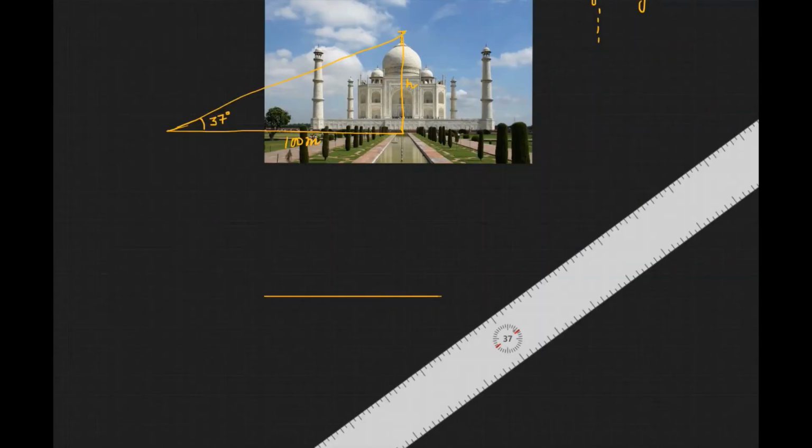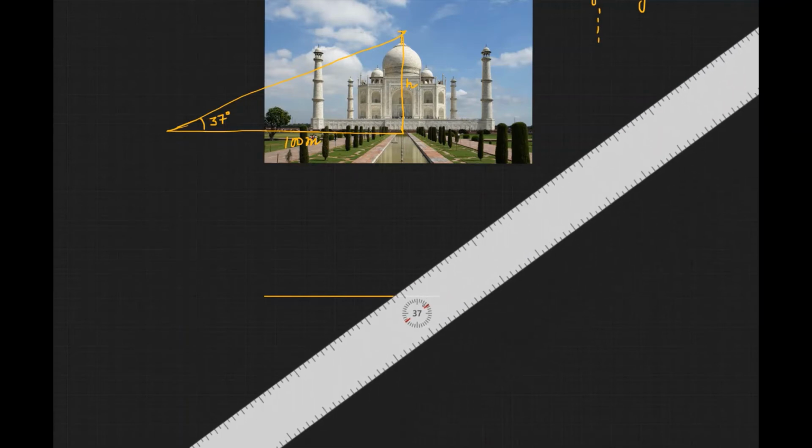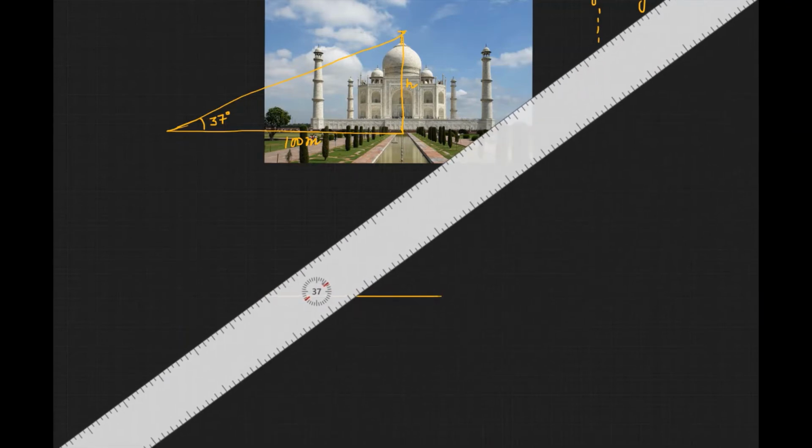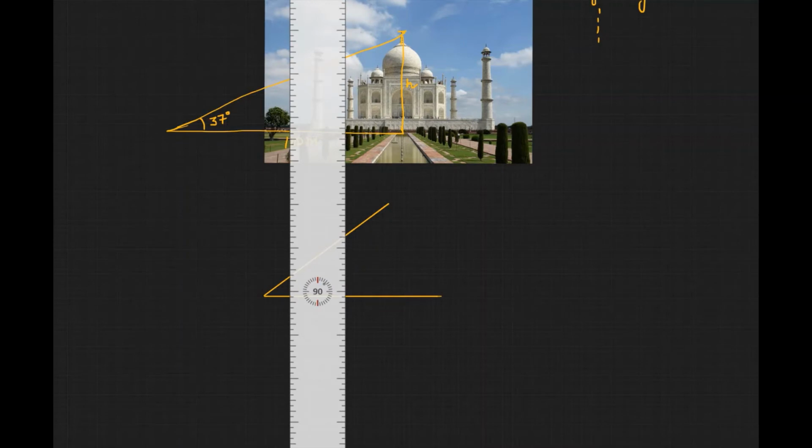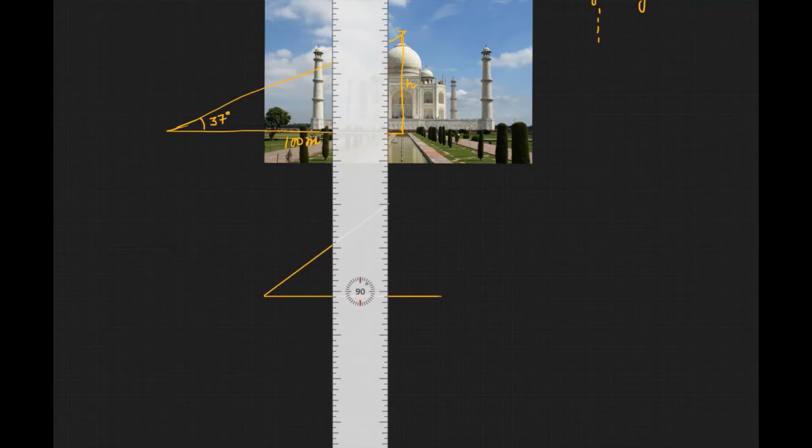Now to find the height of the Taj Mahal, we draw a triangle which is exactly the same as the above triangle, with about 37 degrees here, and then we draw a perpendicular which is about 90 degrees. As we complete this triangle, let's also measure the height. 1, 2, 3, 4, 5, 6, 7, 8.5.